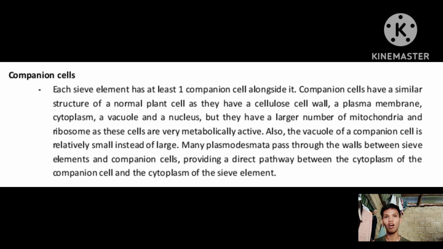Also, the vacuole of a companion cell is relatively small instead of large. Many plasmodesmata pass through the walls between sieve elements and companion cells, providing a direct pathway between the cytoplasm of the companion cell and the cytoplasm of the sieve element.